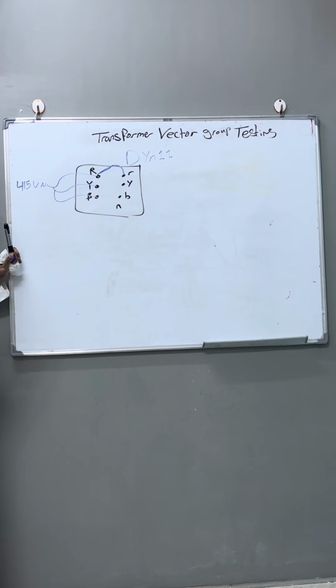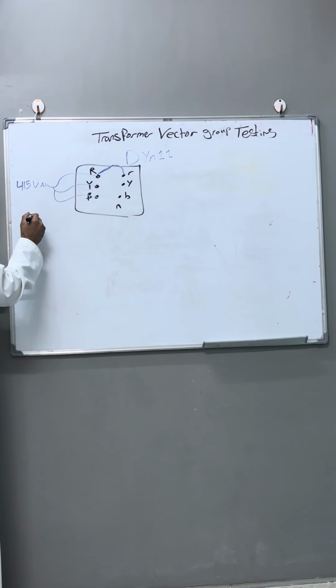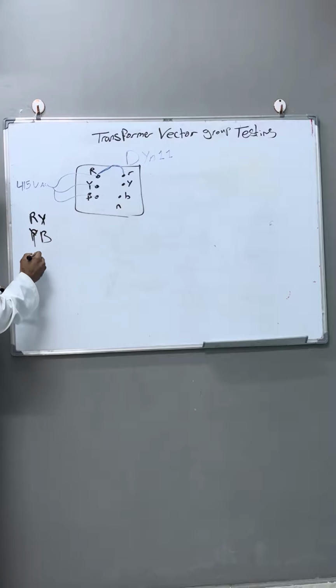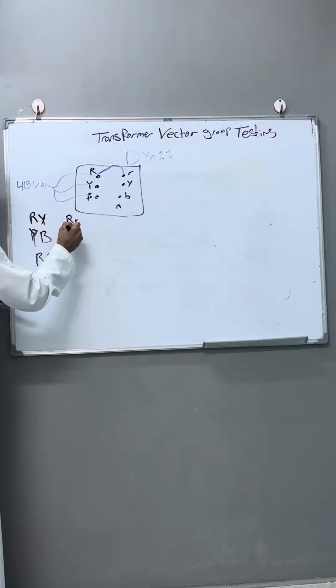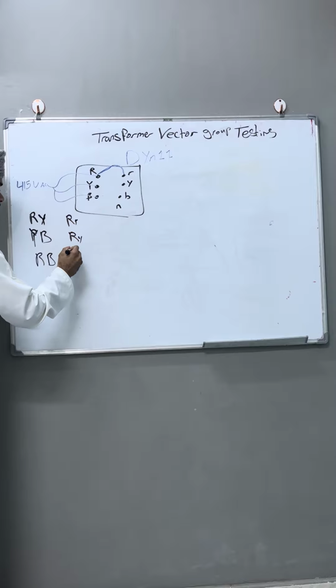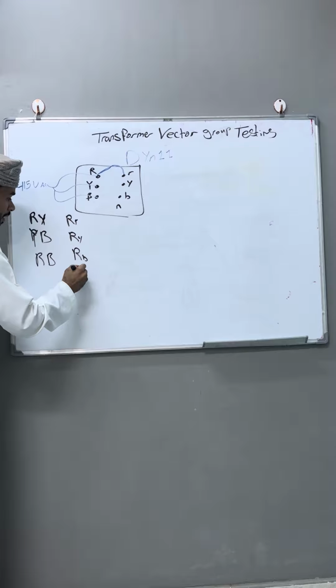Now when you connect all this and inject the 450 volt AC source, I need to measure all the voltage readings between all the phases. For example, I need to measure RY capital, YB capital, RB capital, then R capital to R small, R capital to Y small, R capital to B small, R capital to neutral.